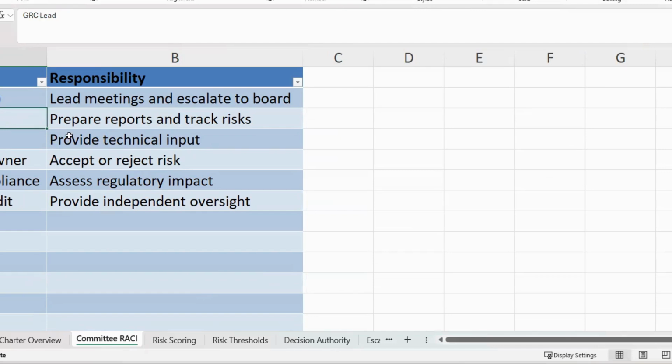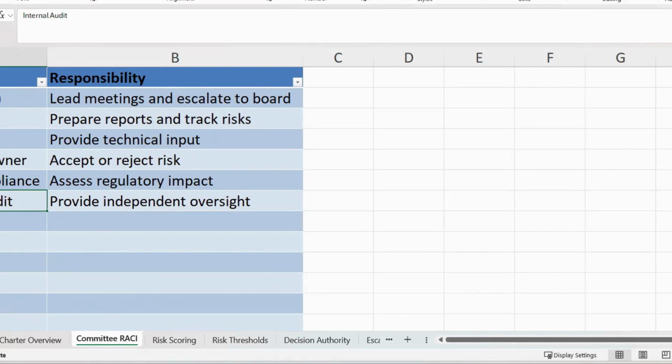We have the GRC lead, who prepares reports and tracks risk, your IT security, business owner, legal compliance, and internal audit. So these are all the roles established within the RACI: responsible, accountable, and the list goes on as part of your RACI matrix.